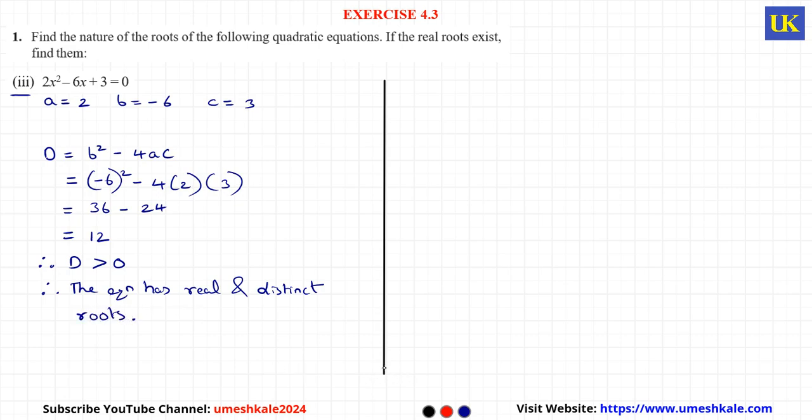So it means we have to solve and find the answer for the quadratic equation. So we'll write our formula. The formula is x is equal to minus b plus or minus under root b square minus 4ac divided by 2a.